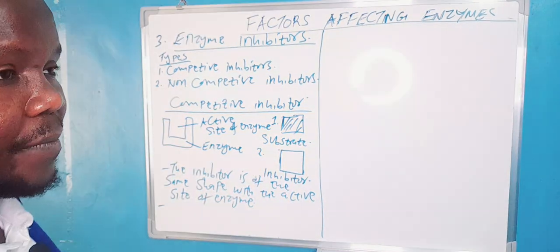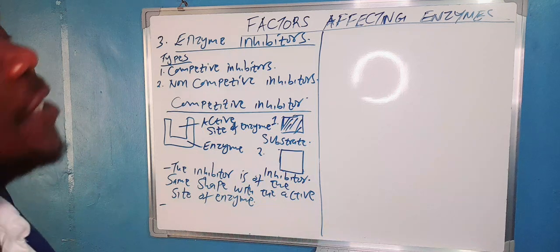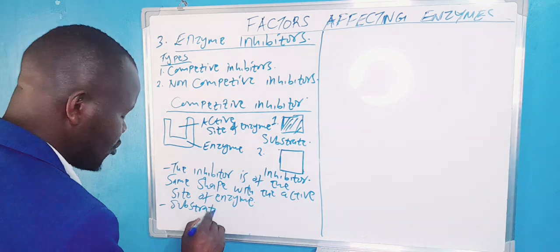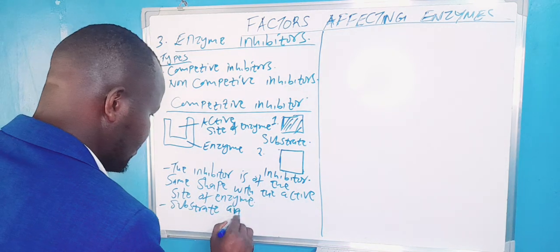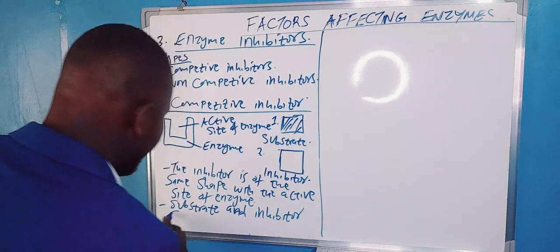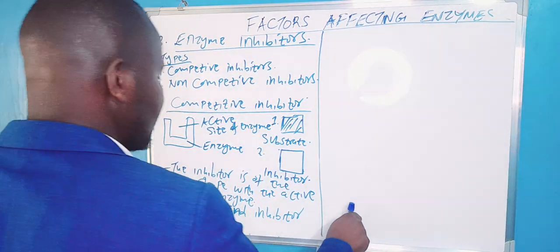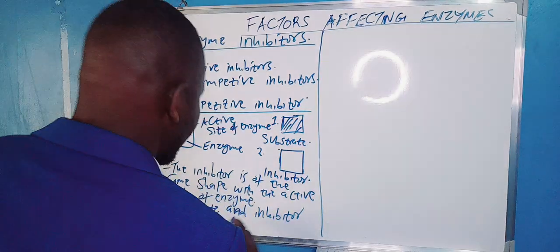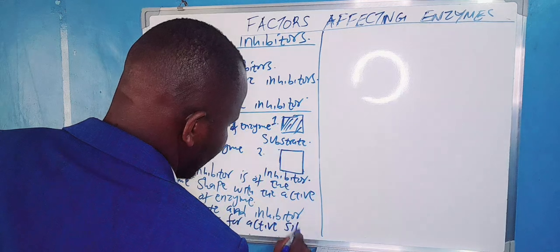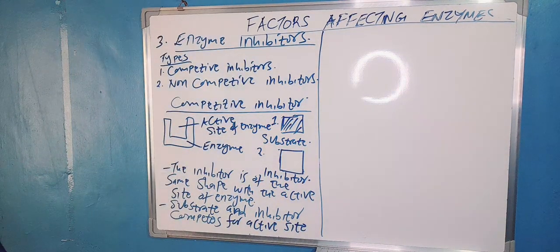So what happens? The substrate and the inhibitor are competing for the active site. The second feature is that substrate and inhibitor compete for the active site of the enzyme.